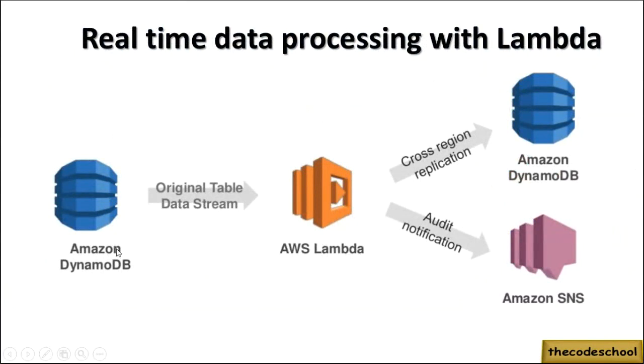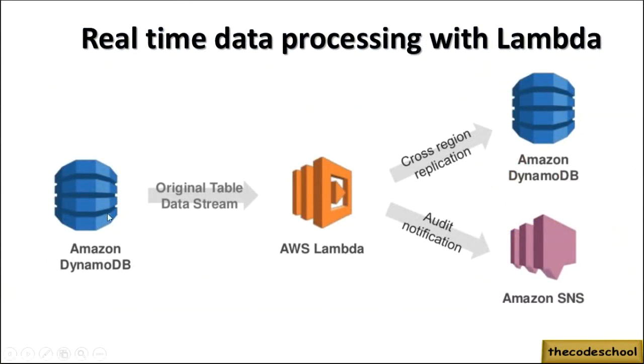If anything changes in this database, the streams get updated, and that causes the event to trigger the Lambda function execution. The Lambda function can be written in a way that it can talk to another DB in another region and update the data there. This is called cross region replication.